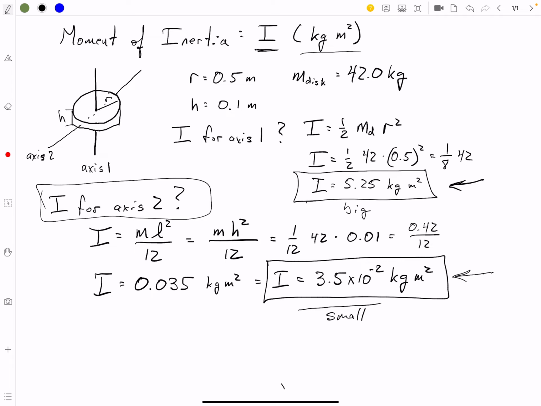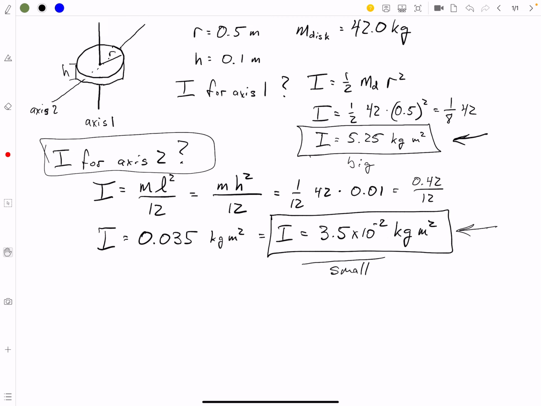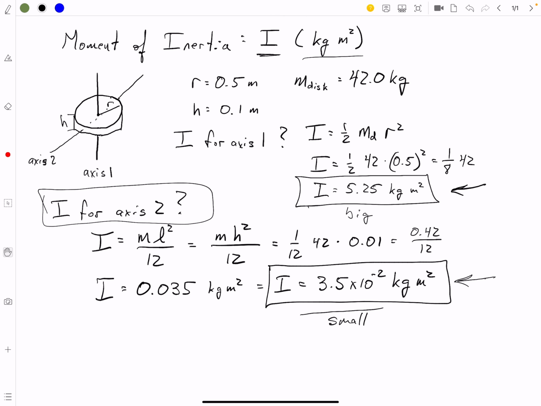So if you think about it, it comes down to how far away those little sections of mass are from our axis of rotation. And are more of them further away? If we go right down this middle axis here, there's a whole bunch of them that are real close.